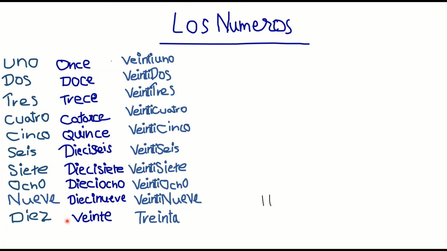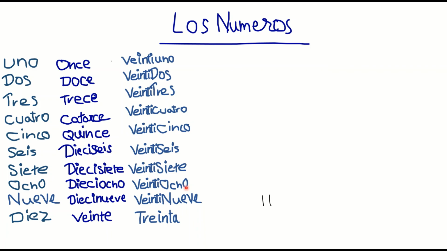Again, 20 y 1, 20 y 2, 20 y 3, but we are writing it 21, 22, 23, 24, 25, 26, 27, 28, 29, 30. This much is clear, right?